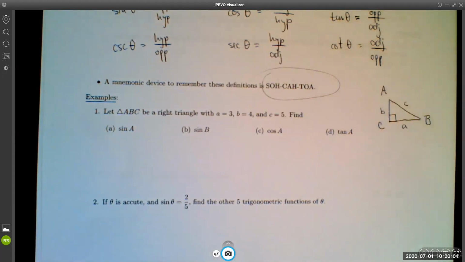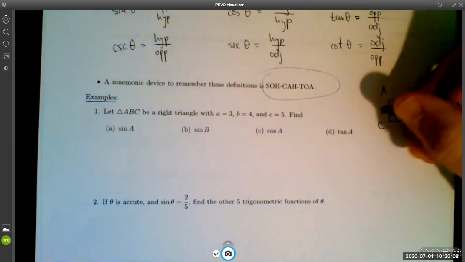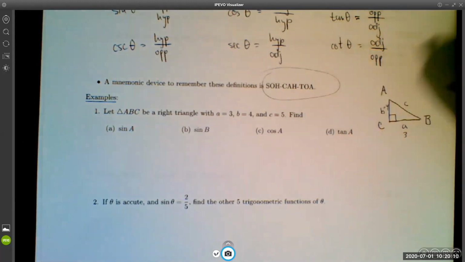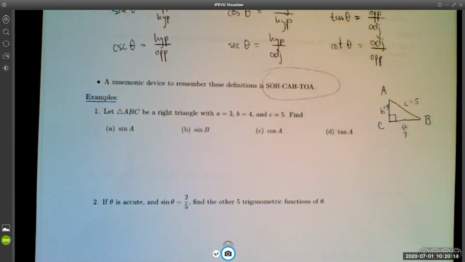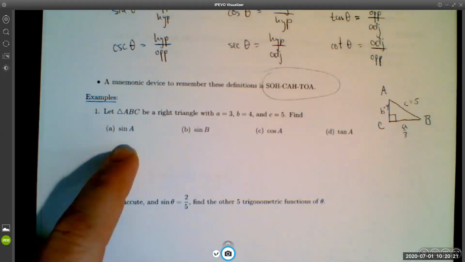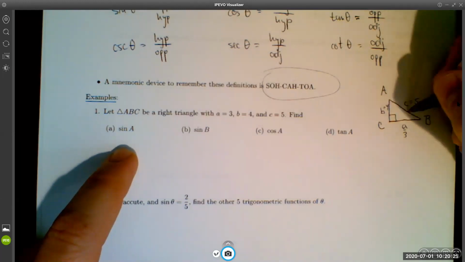Now in this case, we're told that a is 3, b is 4, and c is 5. I don't know why I wrote 3 below the a, but there you go. So with that in mind, let's figure out all kinds of stuff, right? Sine A. Sine A would be opposite over hypotenuse, right?